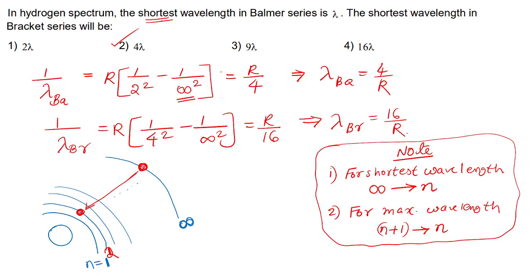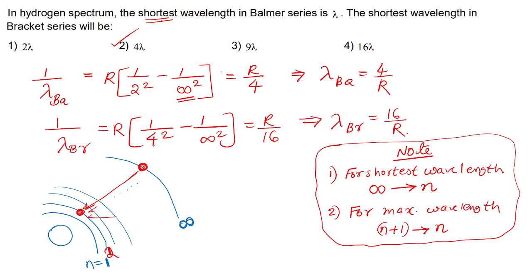The jumping can be done from other energy states to n equal to 2, so we have different types of wavelength. Infinity to 2 is possible, 3 to 2 is possible, 4 to 2 is possible. We have a pattern of wavelength. Among these, for the shortest wavelength, the jumping should be done from infinity to 2.